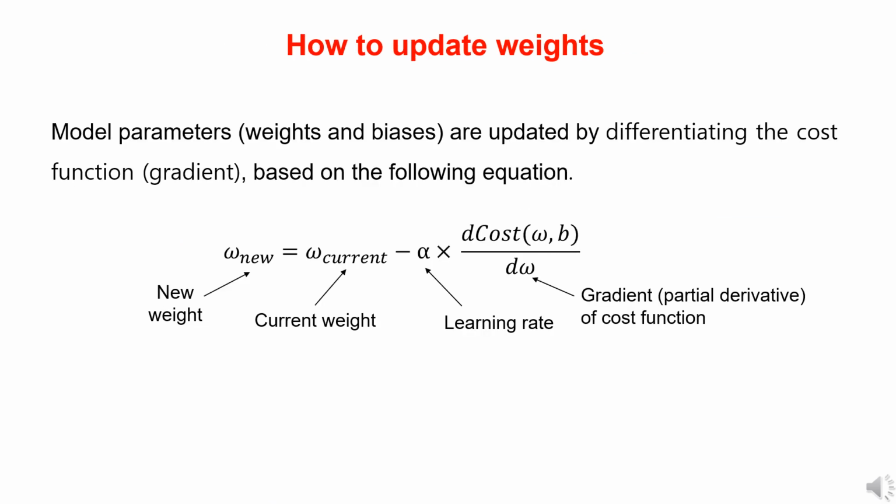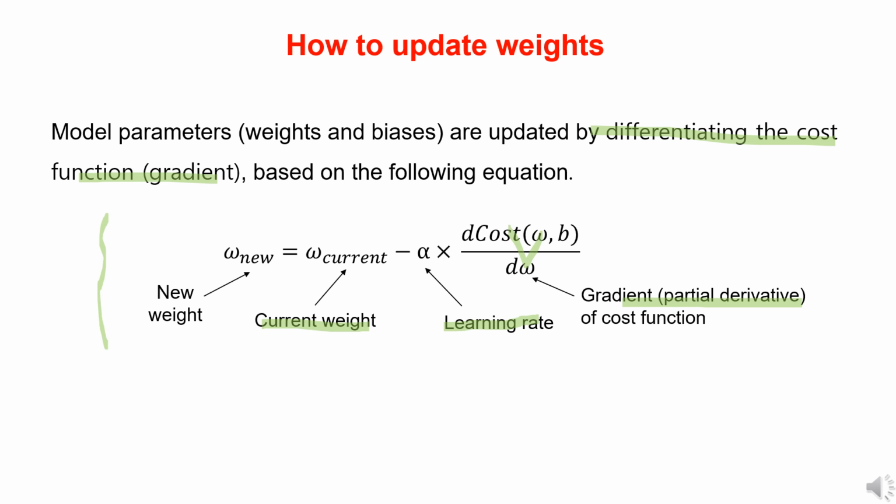As explained in the previous slide, the weights and biases of an AI model are updated by taking the derivative of the cost function. This process is repeated based on the following formula until the values converge to their optimal state. In simple terms, we calculate the partial derivative of the cost function, multiply it by the learning rate, and subtract it from the current weight to get the new weight.